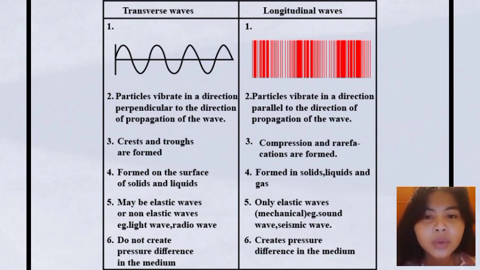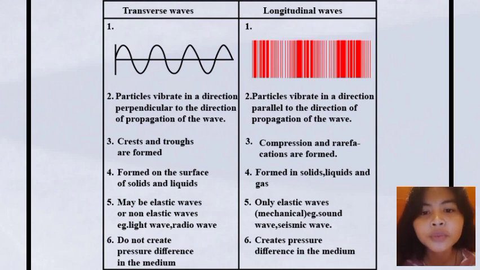The second is that the particles in transverse waves vibrate in a direction perpendicular to the direction of propagation of the wave, while in longitudinal waves they vibrate parallel to the direction of the motion of the wave. The third is that transverse waves have a crest and a trough, while in longitudinal waves there is a compression site and a rarefaction site.